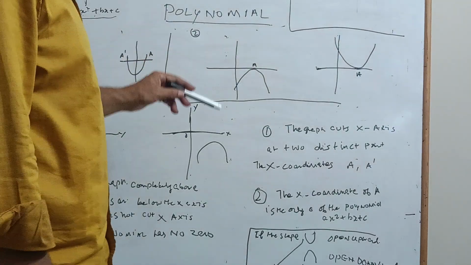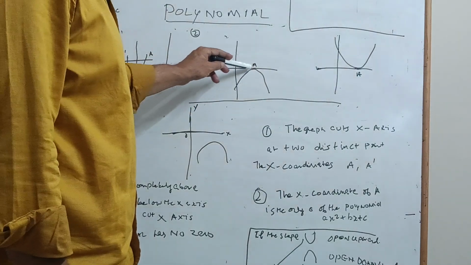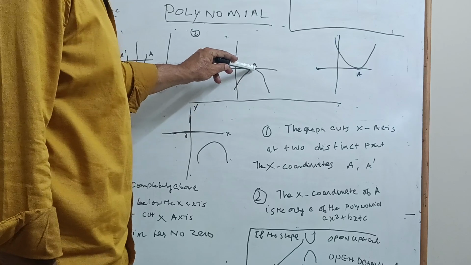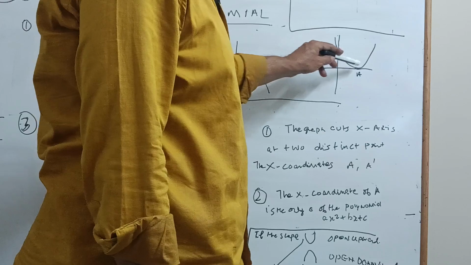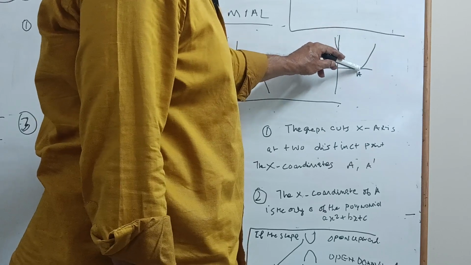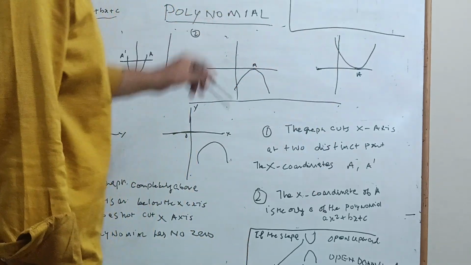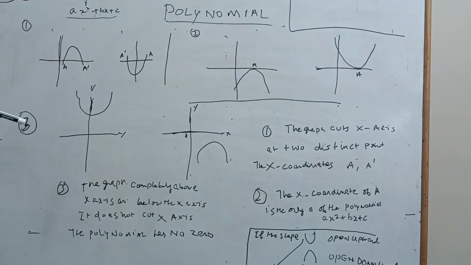Here in the second case, this parabola touches the x-axis at only one place. This is the second case. In the third case, this parabola does not cut the x-axis at all.